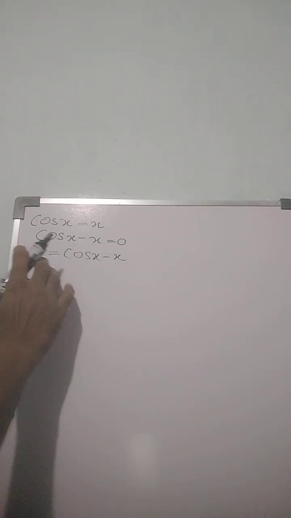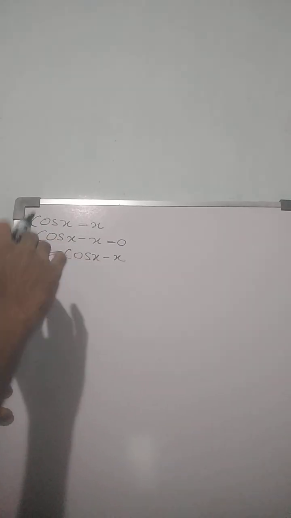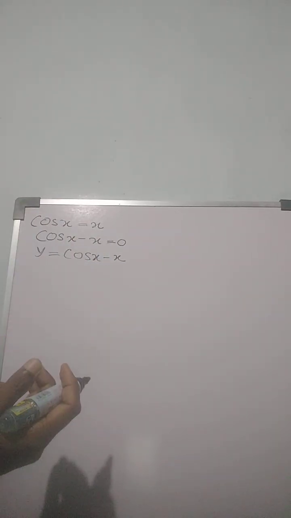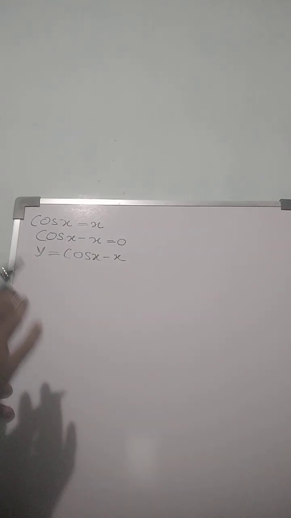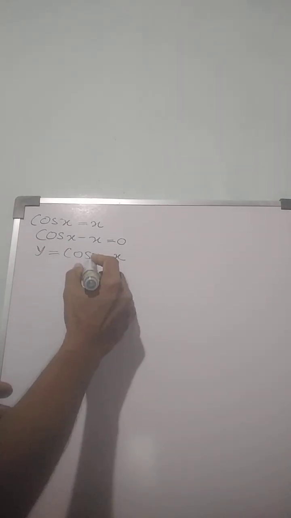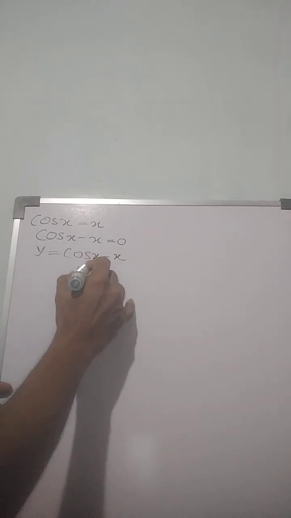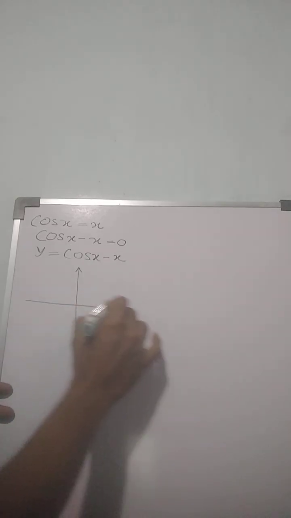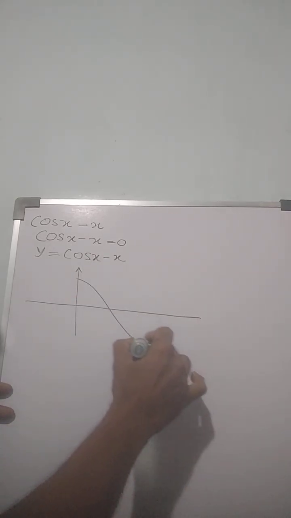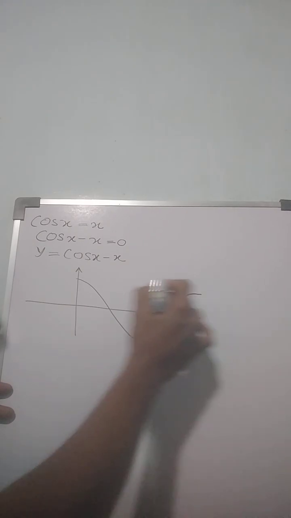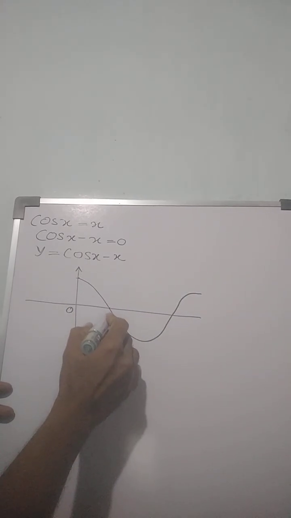Here y equals cos x minus x, but we can draw or plot separately the graphs of cos x and x on one coordinate system, like this. This is 0, this is pi divided by 2.